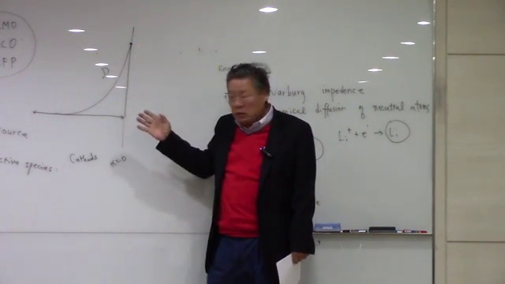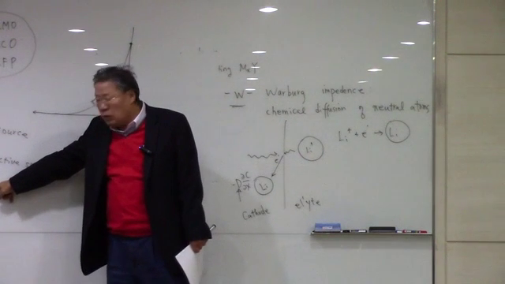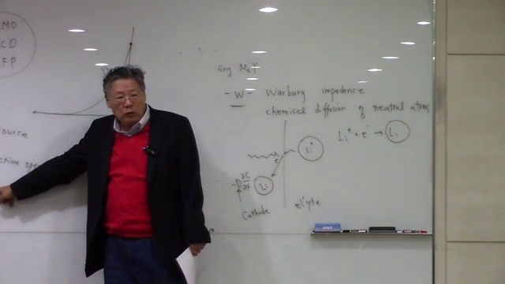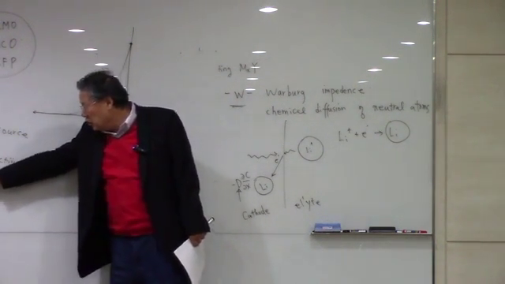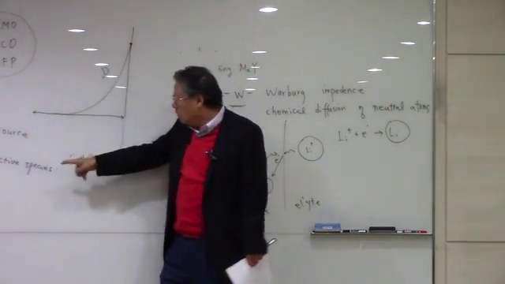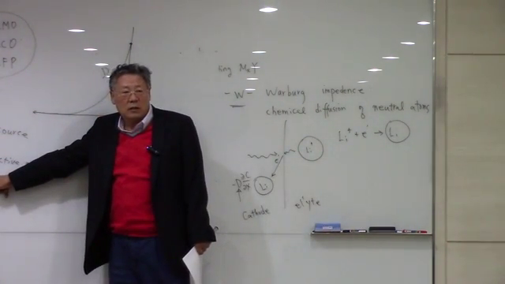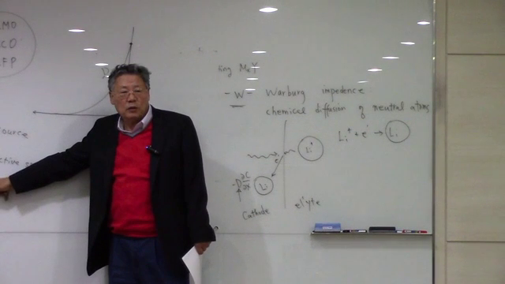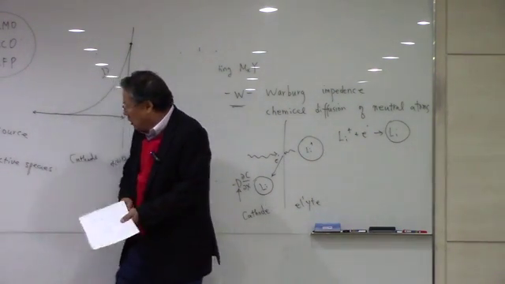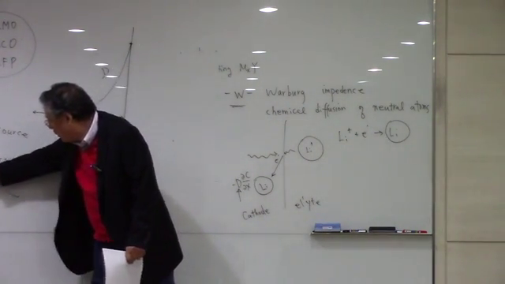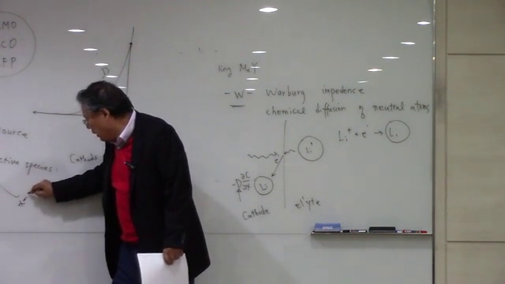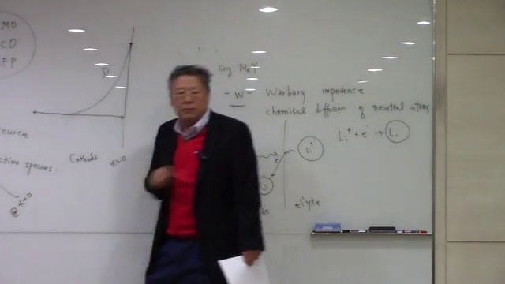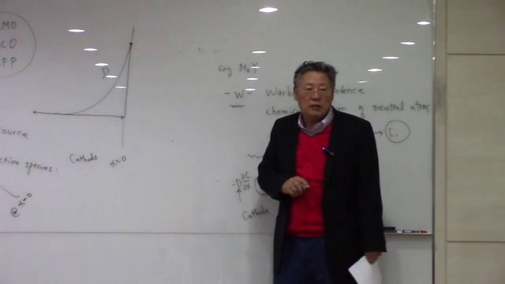It will, because according to the Nernst equation, the voltage is determined by the surface concentration of the electroactive species of the cathode. You have to remember, this has to be at x equal to 0, the surface concentration.